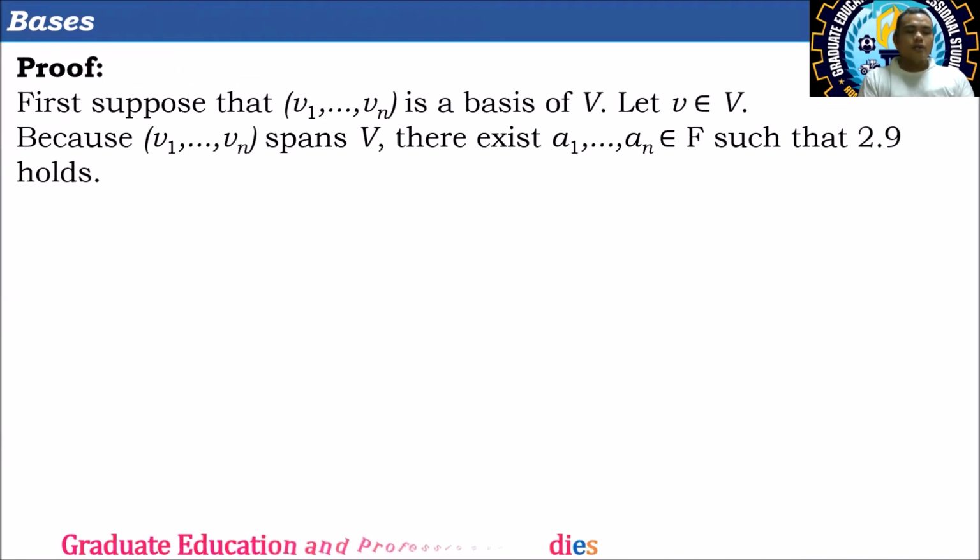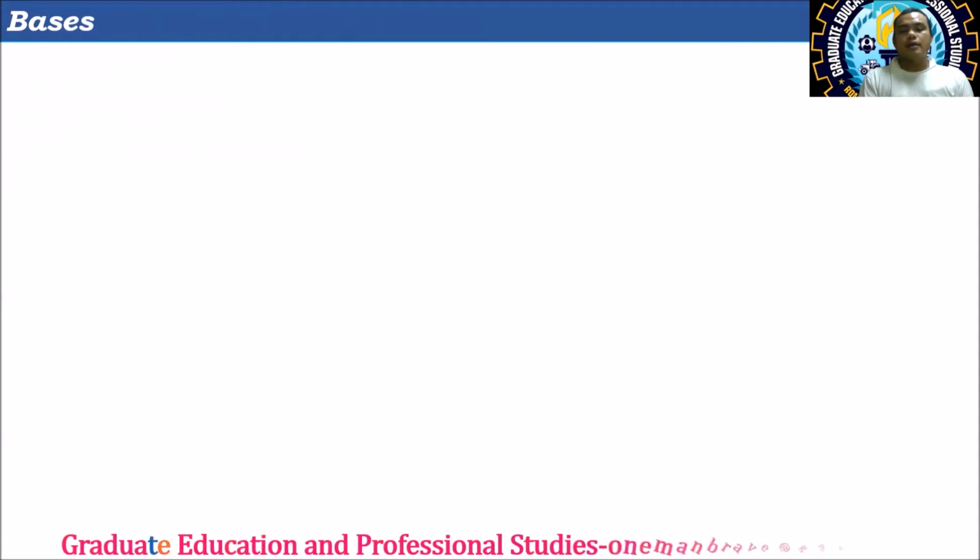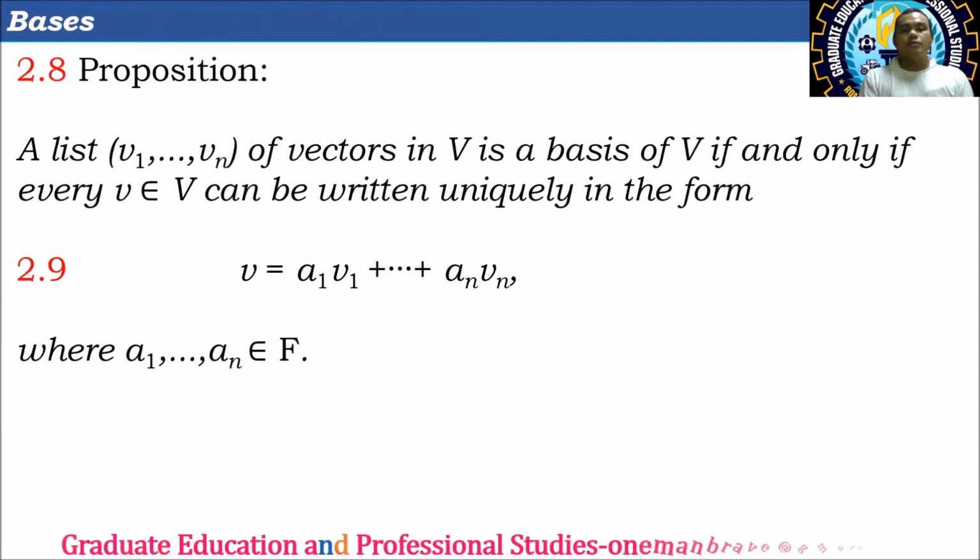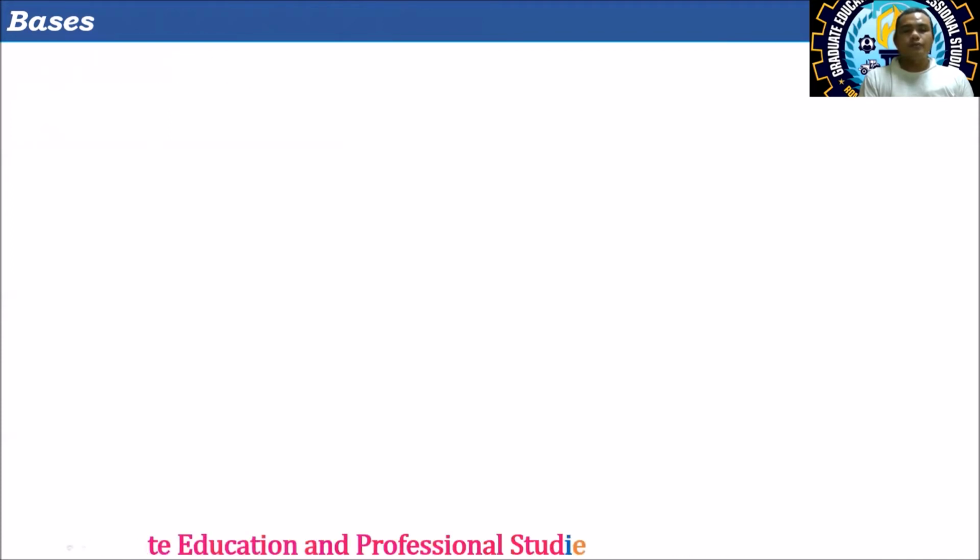So we'll show 2.9 earlier, which states that, okay, yung sa previous slide natin, 2.9, v is equal to the sum of the linear combination. Okay.